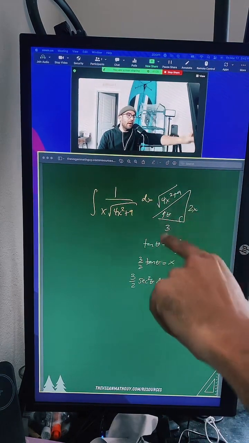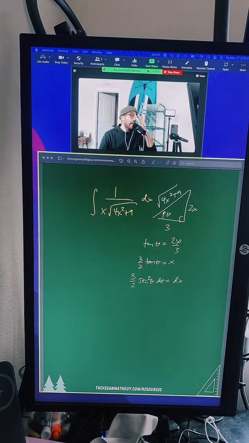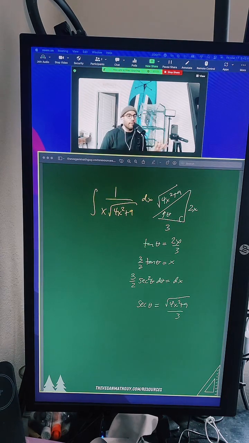That's hypotenuse over adjacent, so that's going to be either cosine or secant. Secant theta is root 4x squared plus 9 over 3. I prefer secant because the variable will be on top. So when I multiply the 3 to the other side, I get 3 secant theta equals root 4x squared plus 9.